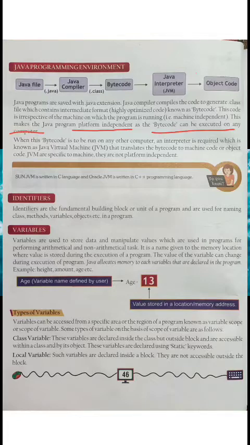Now next it says, when this bytecode is to be run on any other computer, an interpreter is required. As we have studied about compiler and interpreter in object oriented programming, it is known as the Java virtual machine. The interpreter for the Java platform is the Java virtual machine that translates bytecode into machine code or object code.